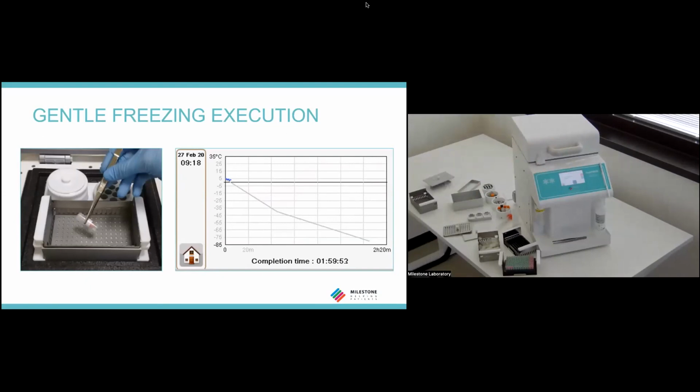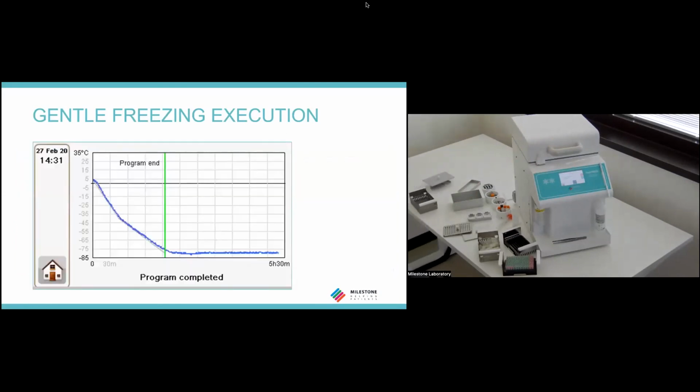The system will follow the preset curve, and you can see on the screen a graph with the gray curve that is the preset curve decided during the setting up of the gentle freezing. At the end of the freezing program, a sound alerts the user while the system keeps the temperature until the operator can move the sample to the biobank freezer. As you can see in this example, the gray preset curve has been followed, while after reaching the ending temperature, this has been maintained for about 3 hours.